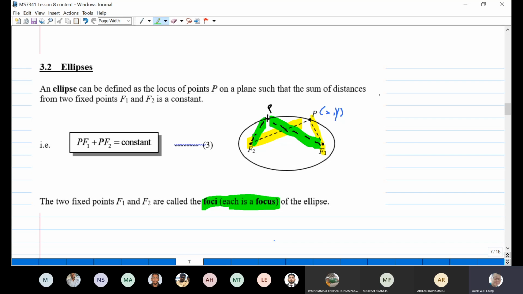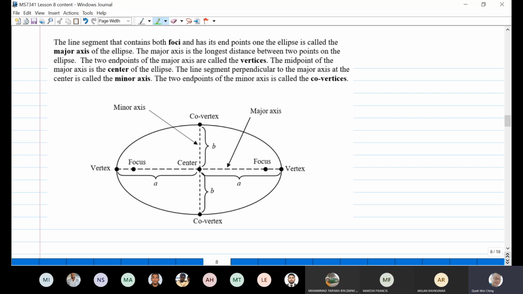When the two foci are nearer together, you get a shape looking more and more like a circle. When they're far apart, then it looks like what I call an ellipse here. From here, we are going to talk about some terms about the ellipse.